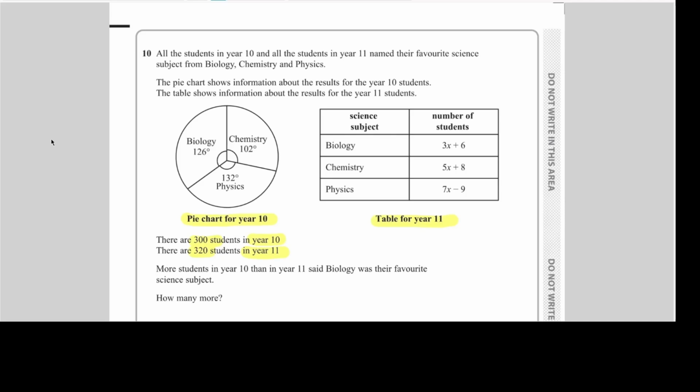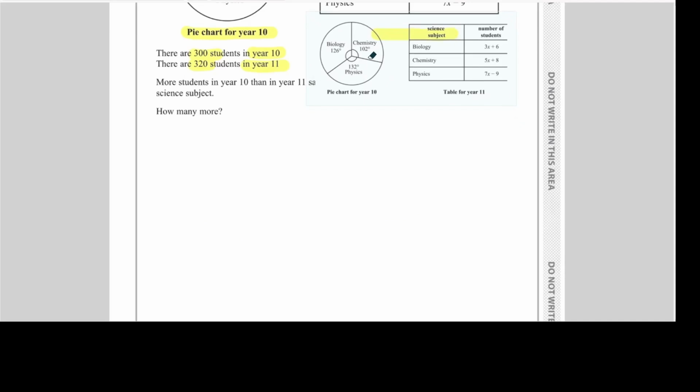So, let's do it in this way. Now, I know that the angle and the frequency.